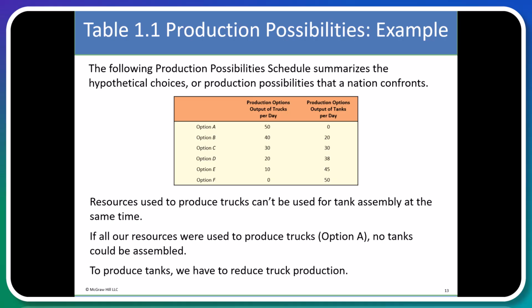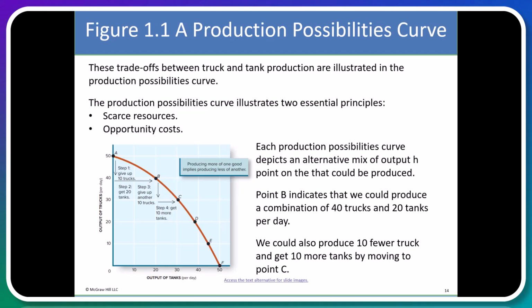And if you start to map that out, it will look like this. This is why it's called the curve. And what you're going to find is it's not a straight one-to-one, which might make a nice straight line, but this is why it's given the curve idea. You map the two, and as you give up 10 units of a truck, you'll get more production as far as the tank.